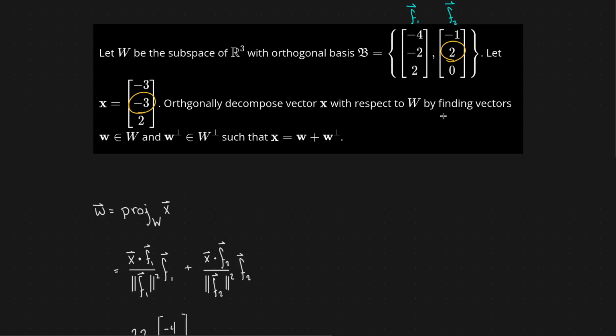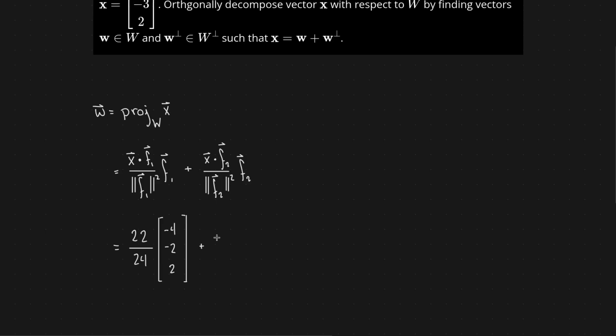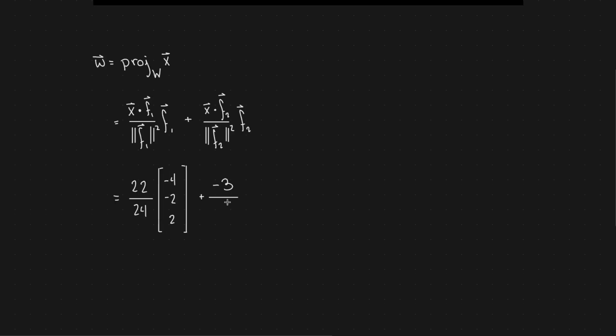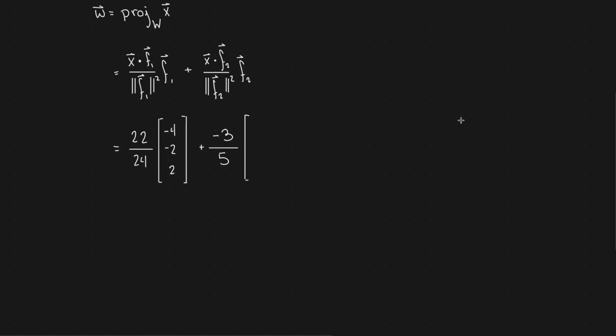So 3 plus -6 is -3, plus 0, that means I stay at -3. So I get -3 over the norm of f2 squared. That's 1 plus 4 plus 0, which is 5. So negative 3/5 times vector f2, and vector f2 is (-1, 2, 0).